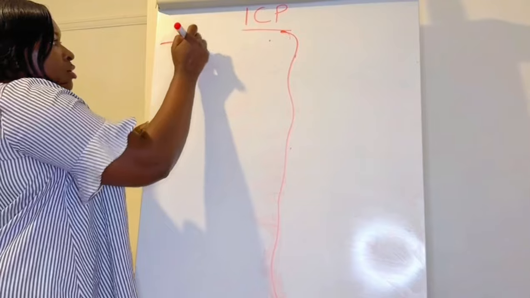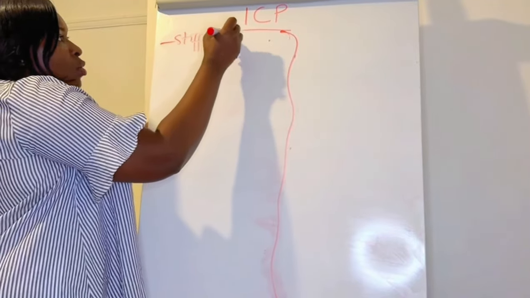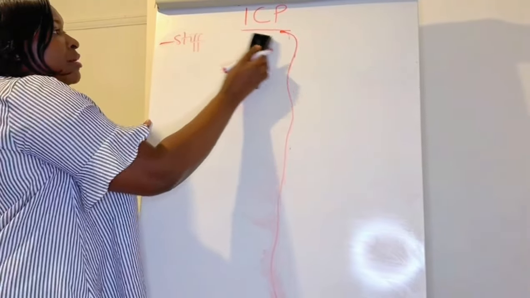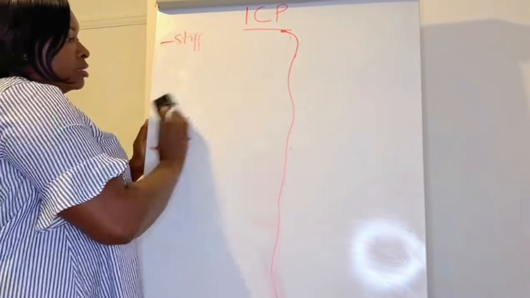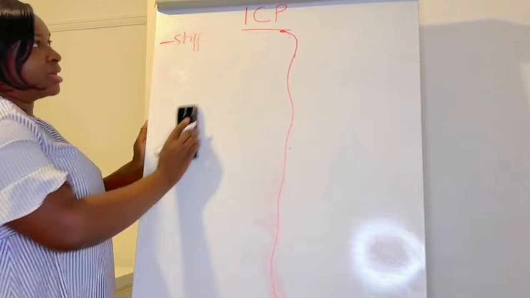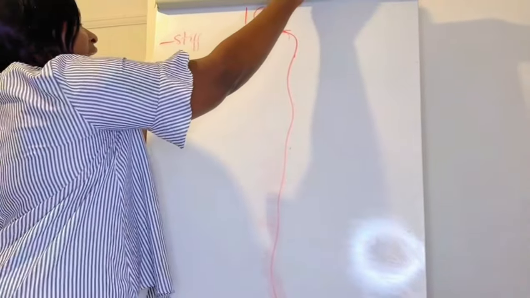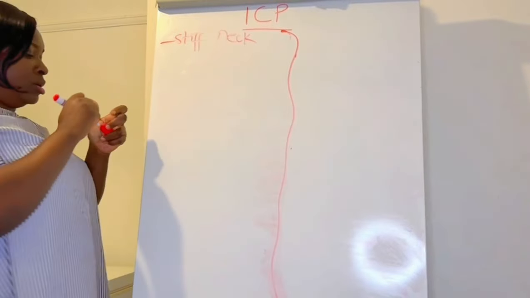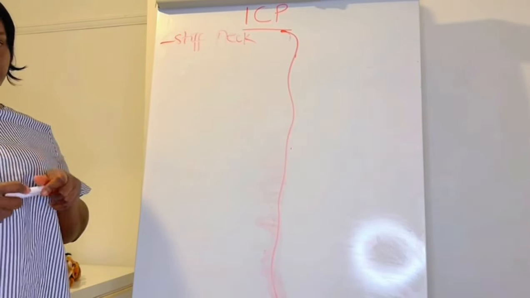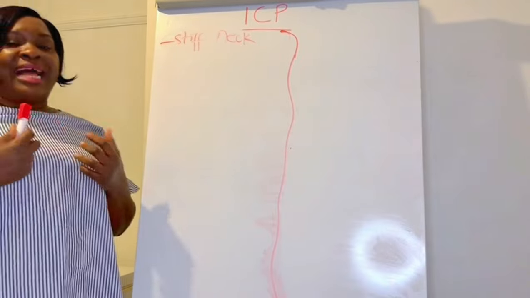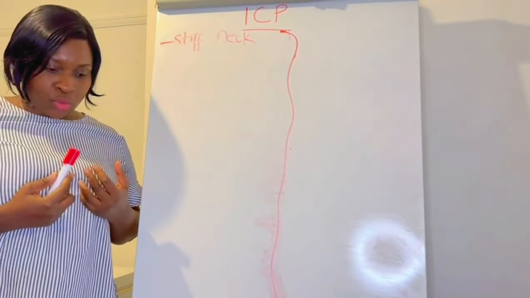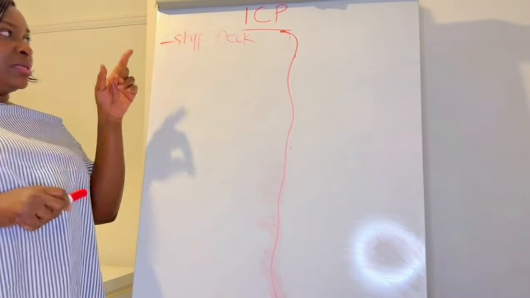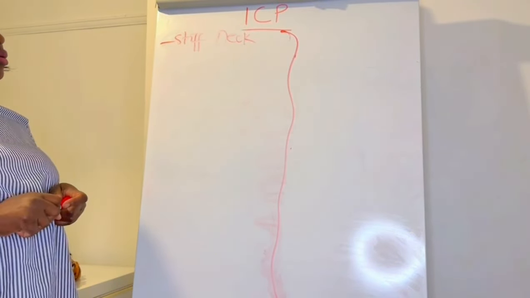Okay, so your stiff neck, which we say medically is the nuchal rigidity. Okay, and it actually means that this patient is not able to use the chin to bend down to the chest. Okay, that is important, the nuchal rigidity.